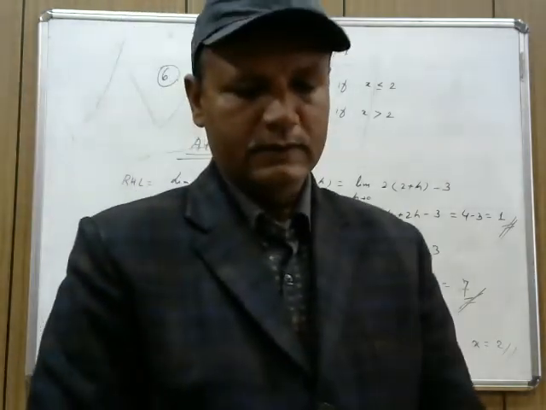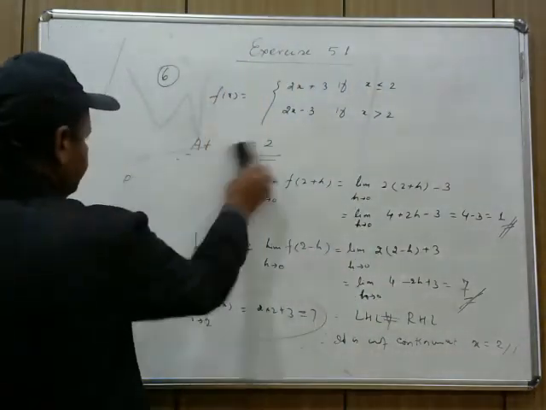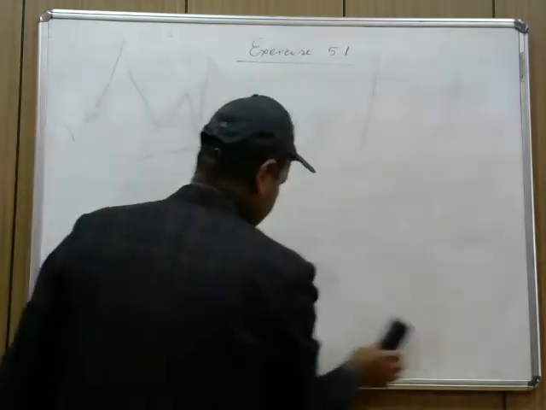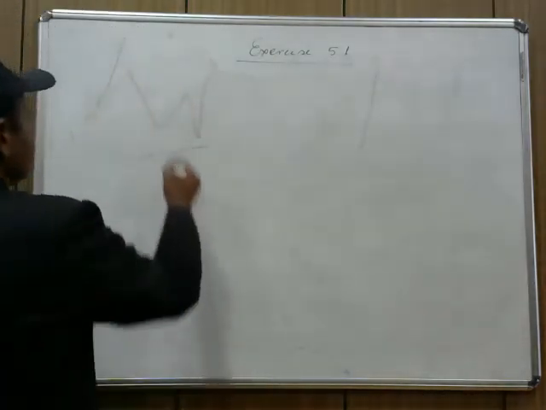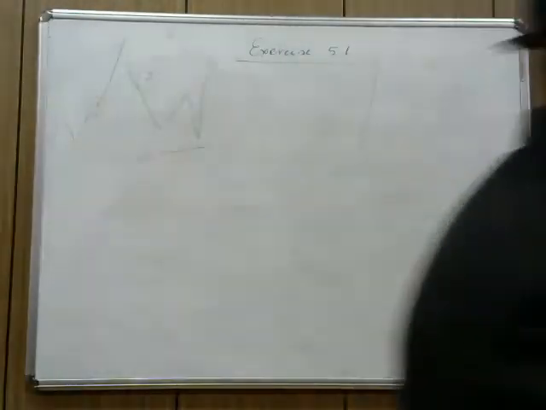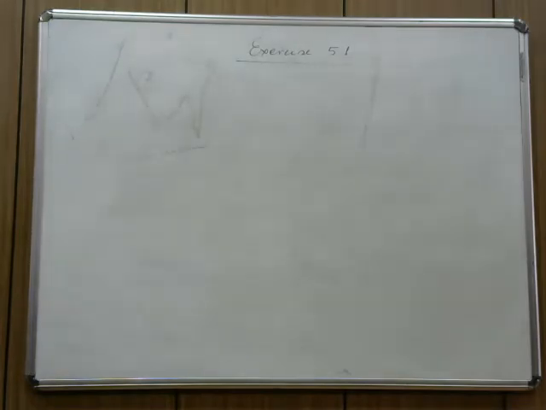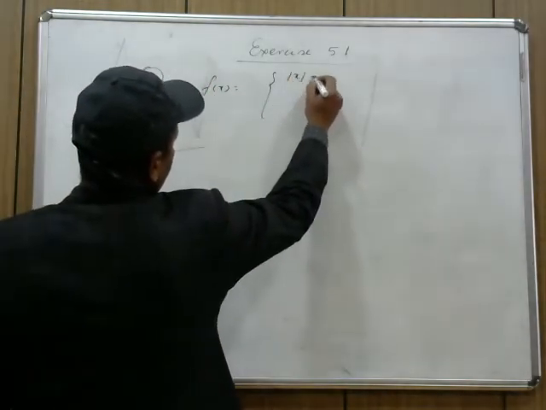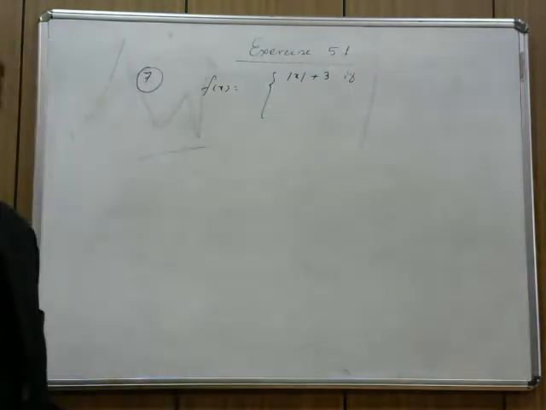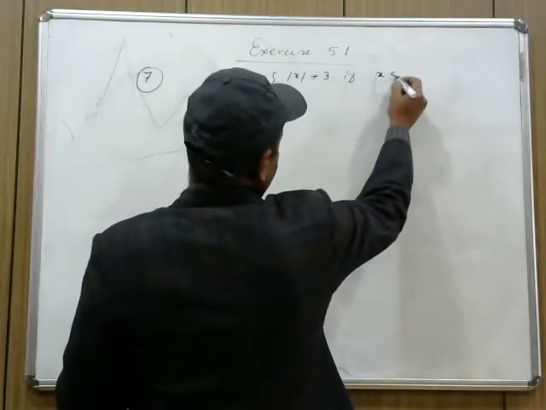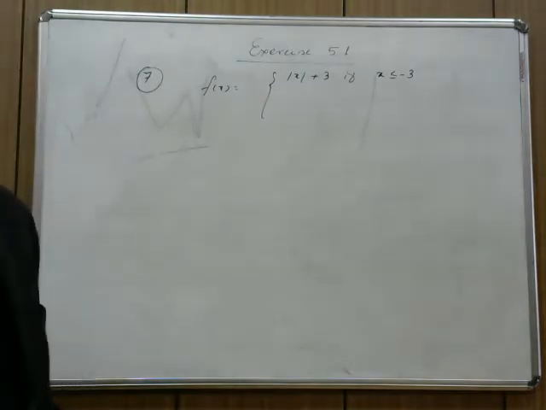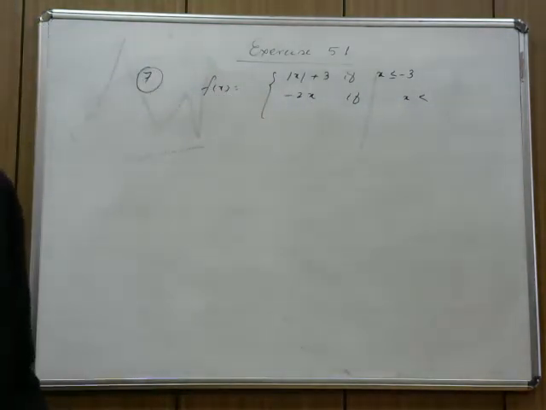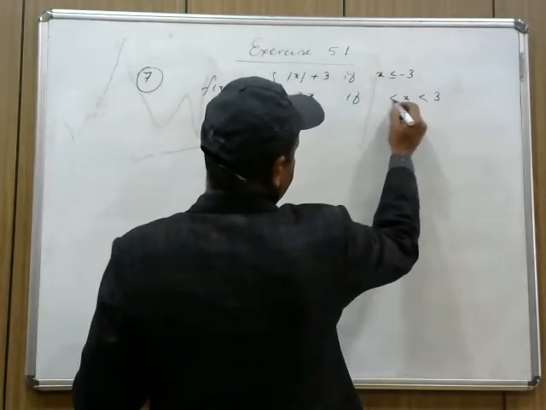And now I will solve question number 7. In question number 7, f of x is equal to mod x plus 3 if x is less than or equal to minus 3, and the given function becomes minus 2x if x is less than 3 and greater than minus 3, right?